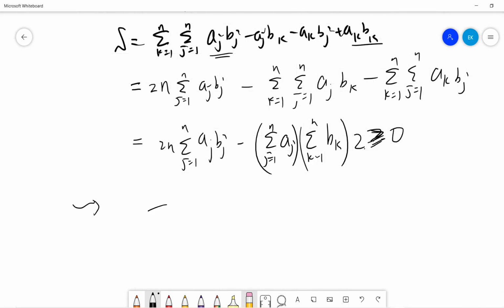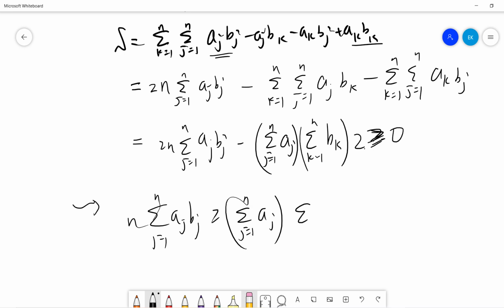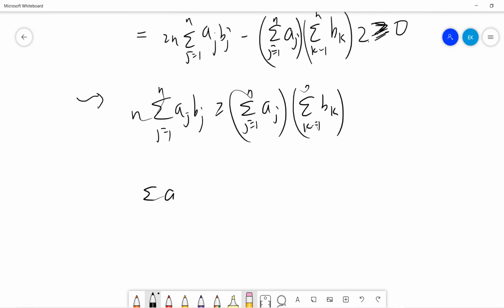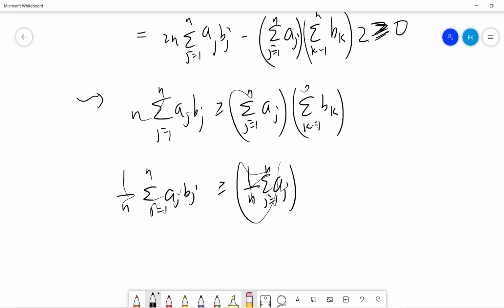So that means n times the sum of aj bj, j from 1 to n, is greater than or equal to the sum of aj, j from 1 to n, times the sum of bk, k from 1 to n. Divide both sides by n squared. So you get 1 over n times the sum of aj bj is greater than or equal to 1 over n times the sum of aj, times 1 over n times the sum of bk, k from 1 to n.